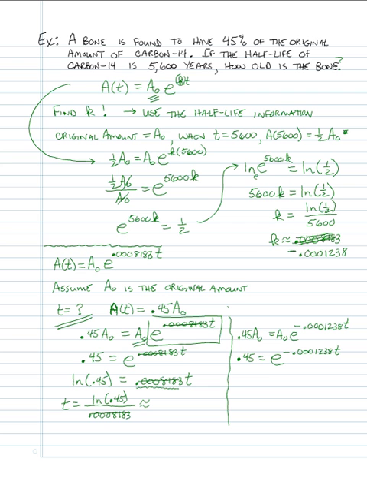And then when I take the natural logarithm of both sides, on the right side, I'm going to get this exponent, negative 0.0001238 t. And then I'm going to divide by that negative decimal, and so I'll have t is equal to the natural log of 0.45 divided by the negative of 0.0001238.